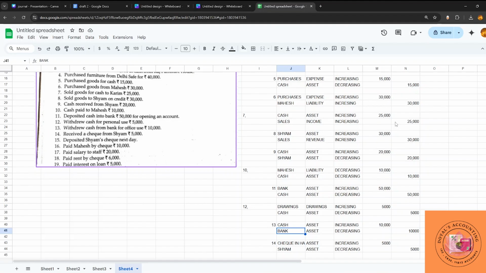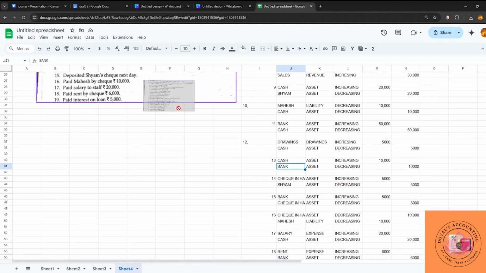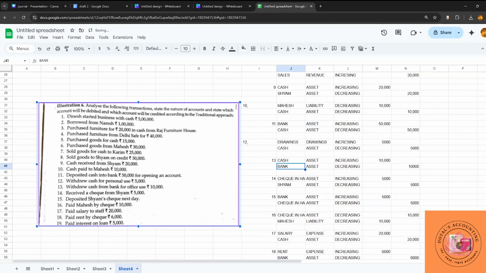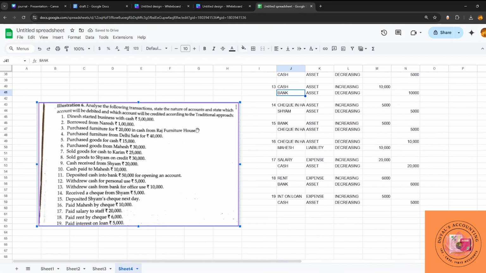Number 14 is received a check from Sham.